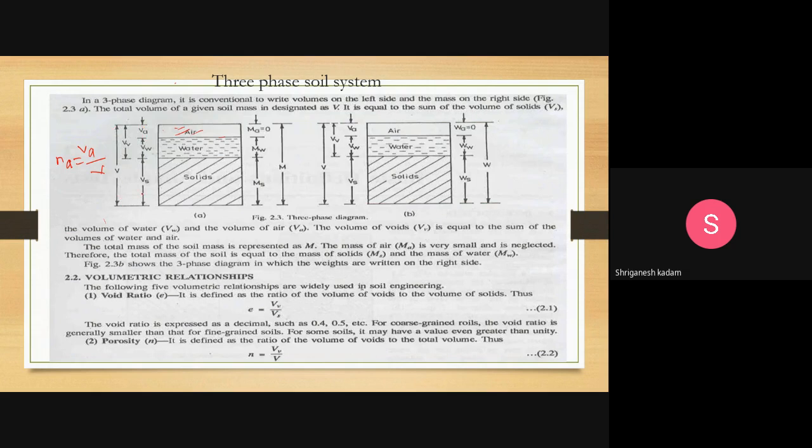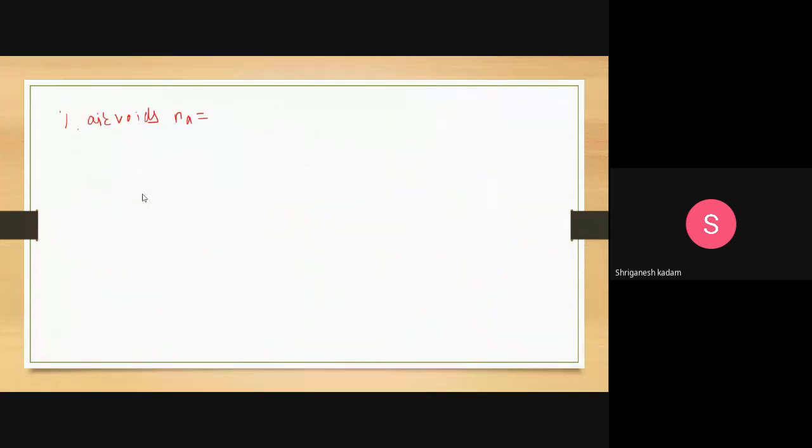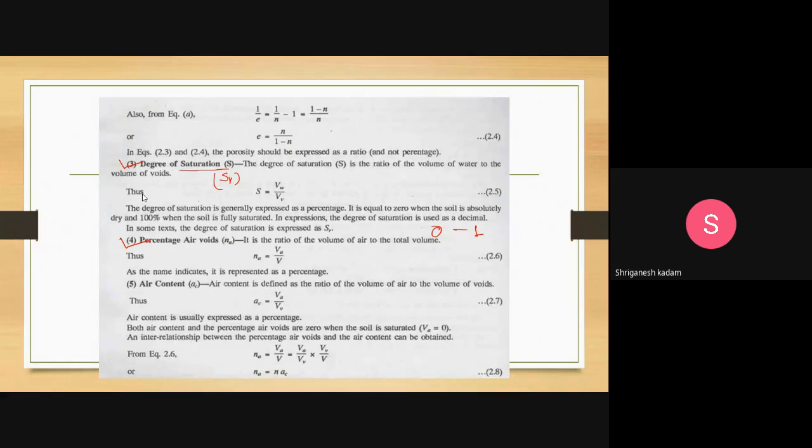This is percentage air void. So it is expressed in percentage. Maybe percentage air void 10%, 20%, 30%, like that.